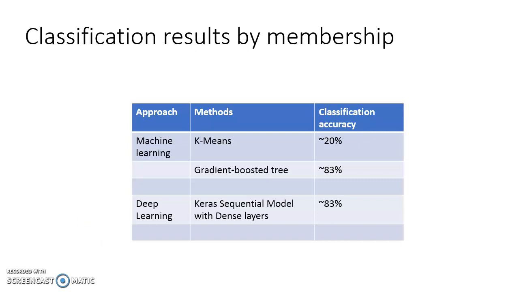And those were the results that we obtained. 20% with k-means, 83% classification with the gradient boosted tree, and that stayed the same with the deep learning approach. What we performed was supervised learning. We know the classification, we know the expected values.